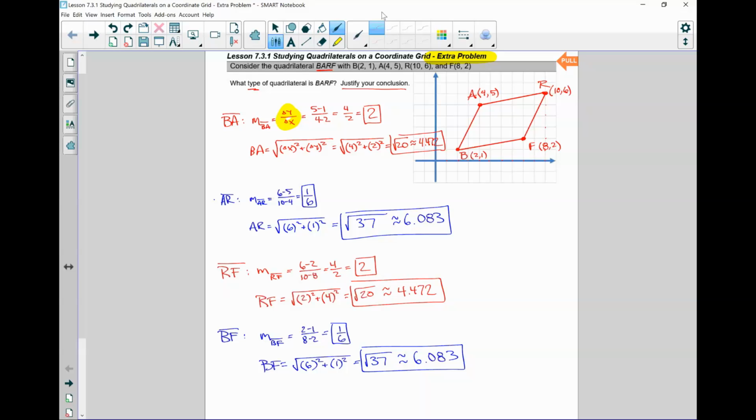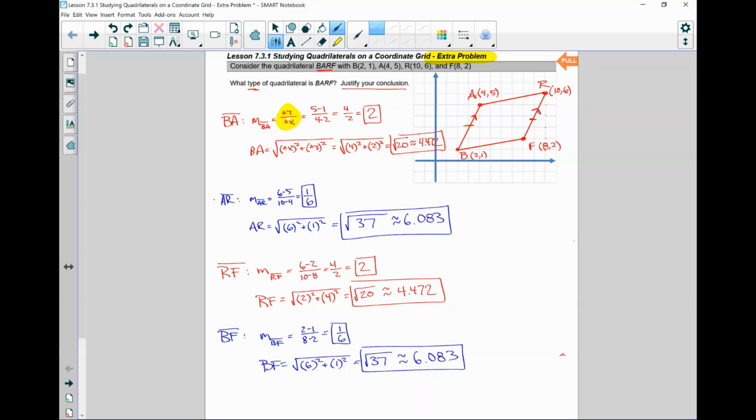So I'm going to add a congruent mark to the picture. You'll also notice that both of those segments have a length of the square root of 20. Both of them also have a slope of 2. So not only are they congruent, they are also parallel. So I'm going to add parallel marks on those two sides.